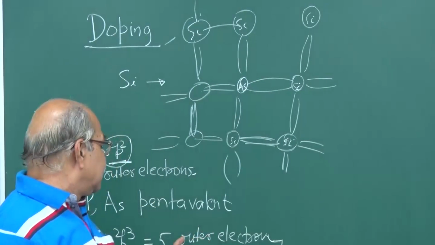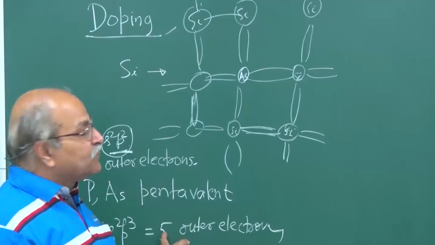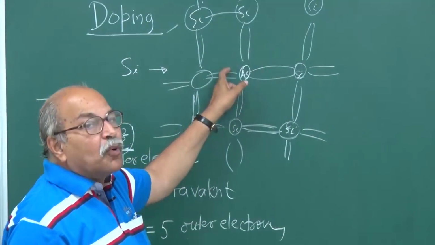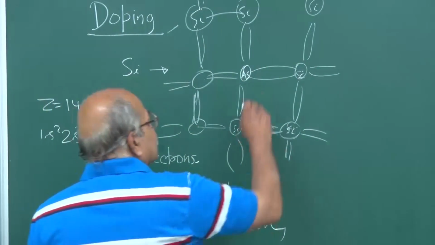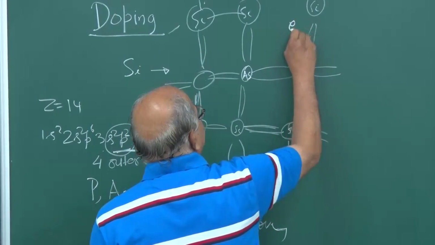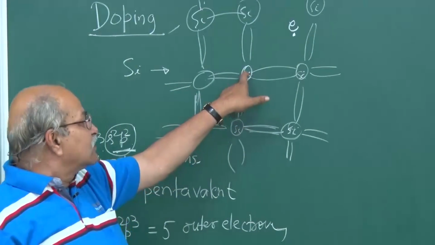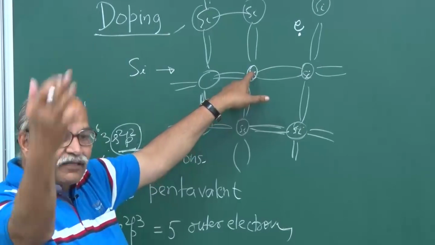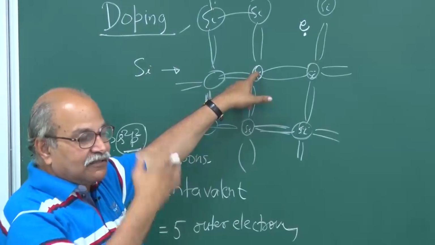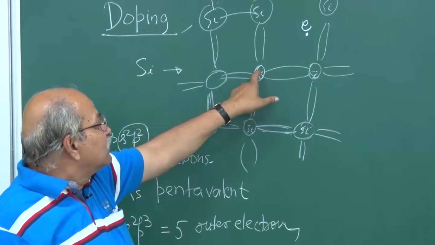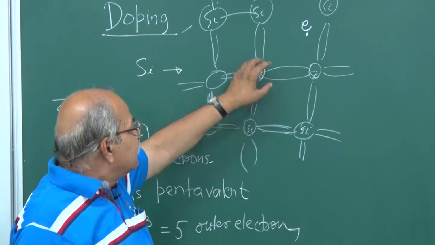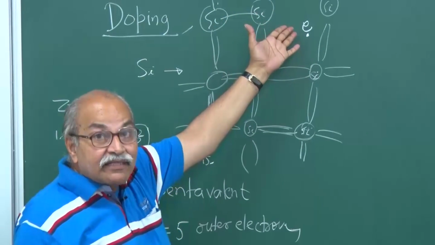But the 5th one, the extra electron, cannot go into this bonding. It is still bonded to this atom, still going around, but it is in a much higher energy.